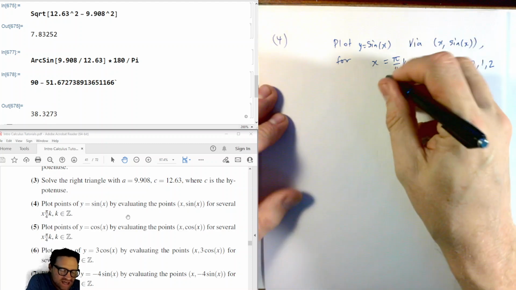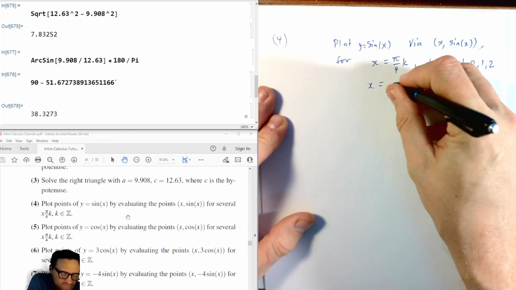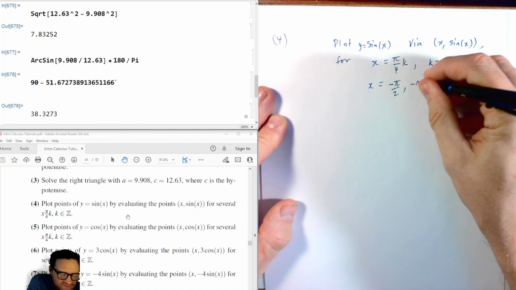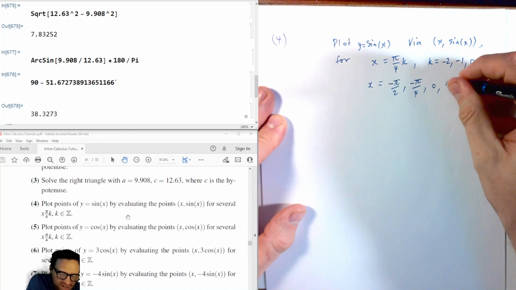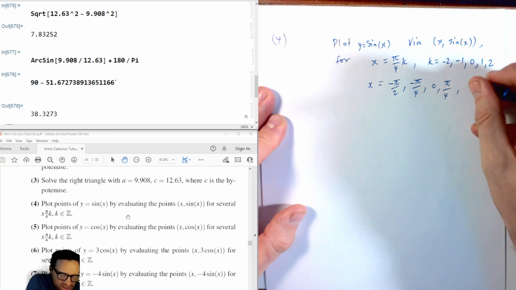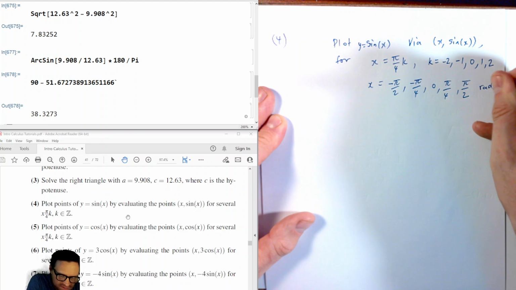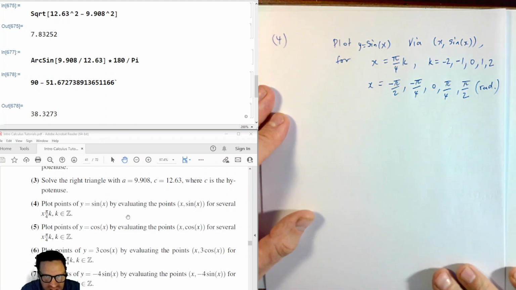Okay, so what is this then? x equals minus pi on 2, then we have minus pi on 4, then we have 0, then pi on 4, and then pi on 2. These are all in radians. Okay, so let's find a few of these points.